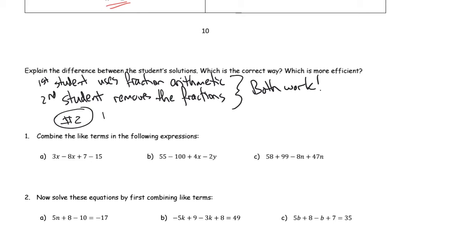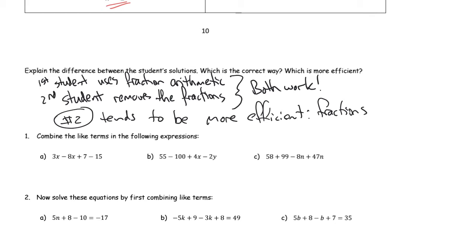So number two tends to be more efficient, and that is really because fractions usually slow us down. All right. Now that said, let's take a look at some of my examples.